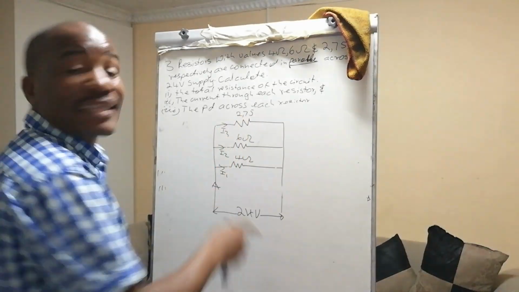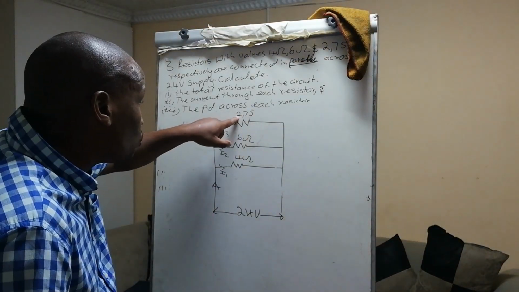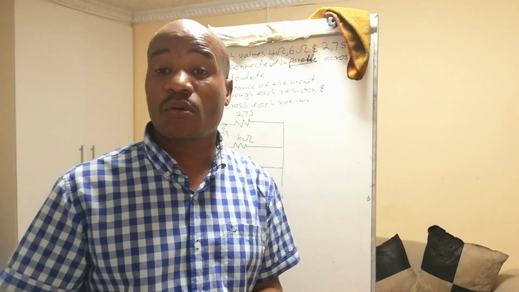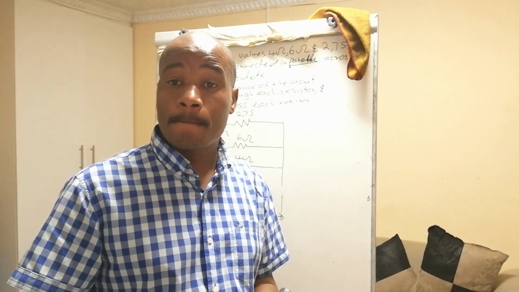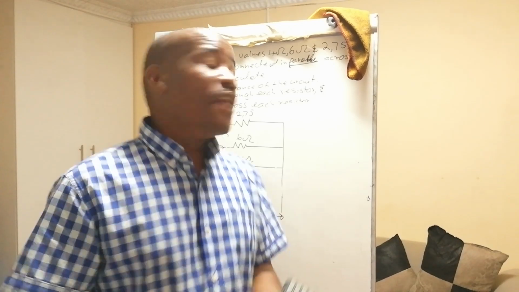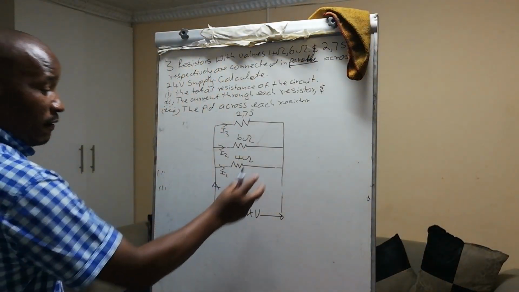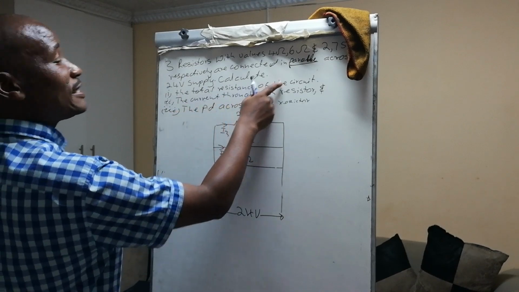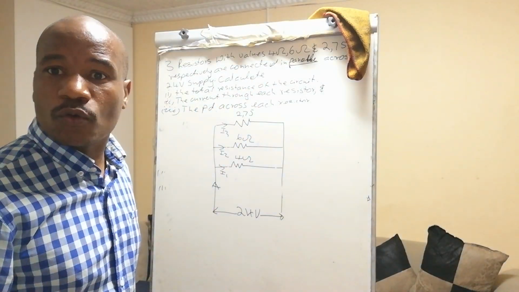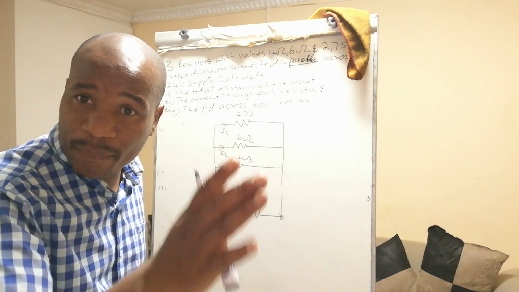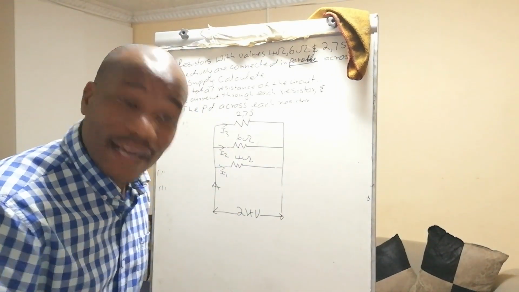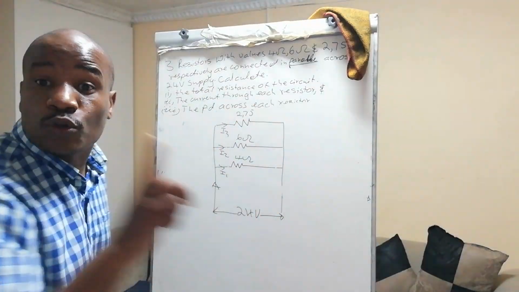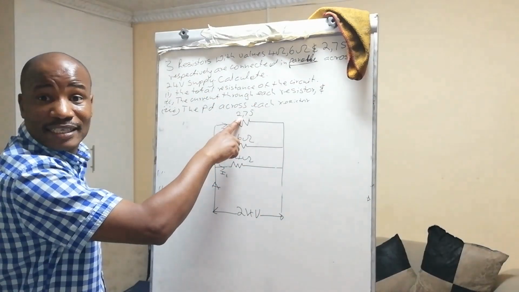It means the total resistance should be smaller than 2.75 in a parallel circuit, of course. Now, for this, calculate the total resistance of the circuit. There we go. What happens in a parallel circuit? The total resistance of the circuit should be smaller than the smallest resistance.